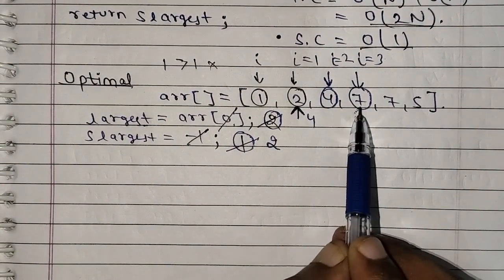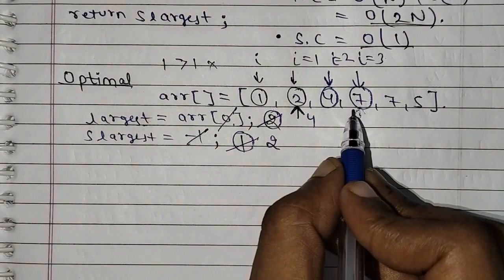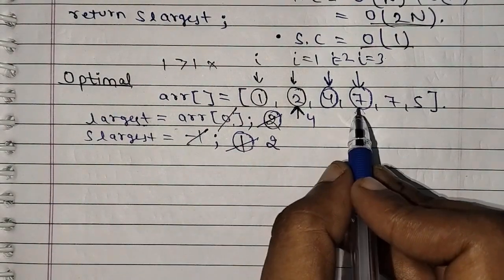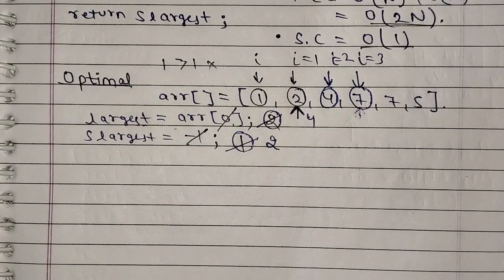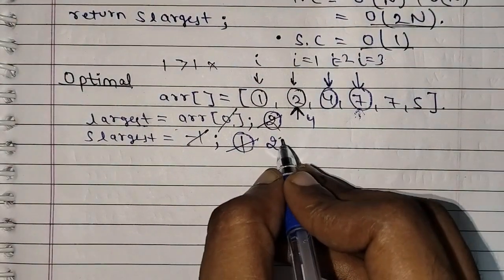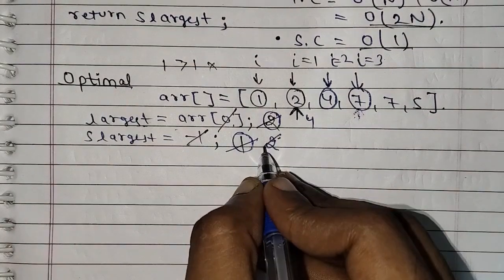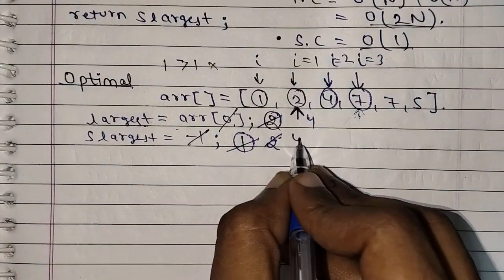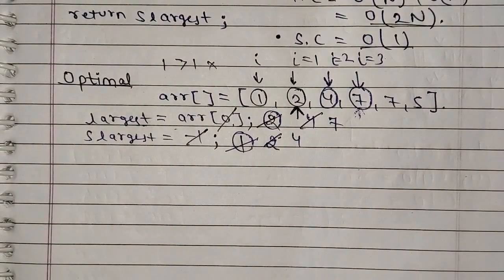I is equal to 3, the element is 7. Let's compare. Hey, are you greater than largest? He said yes, I am greater than largest. But at the same time you give your value to second largest, so update the second largest to 4, and then store 7.